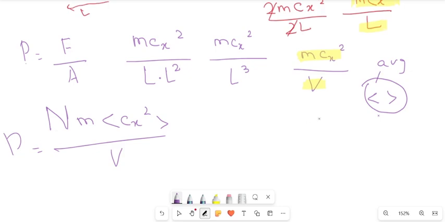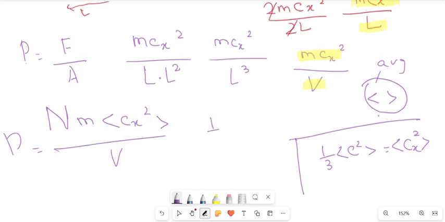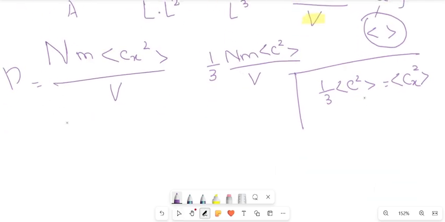Now, another tip: 1/3 of c square equals cx square. This is something that you have to learn. cx square is equal to 1/3 c square. So instead of this, I'll write 1/3 N m c square over V. And since I have to get the formula for PV, PV equals 1/3 Nm c square.